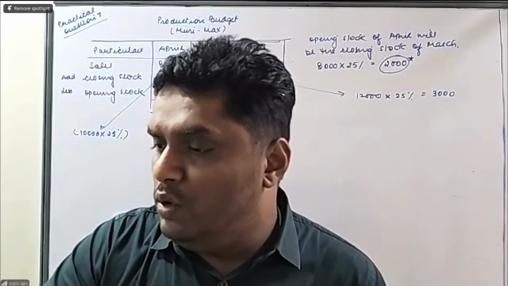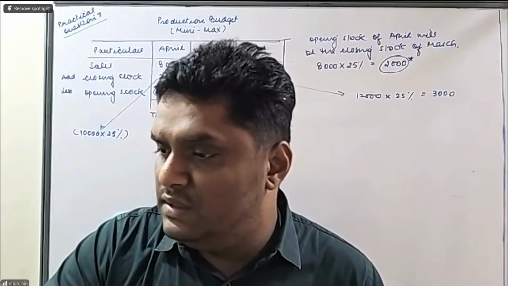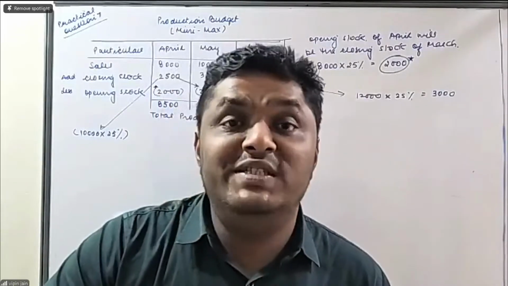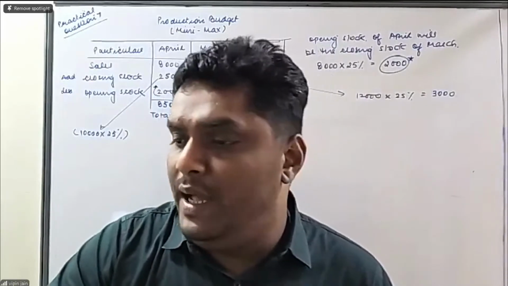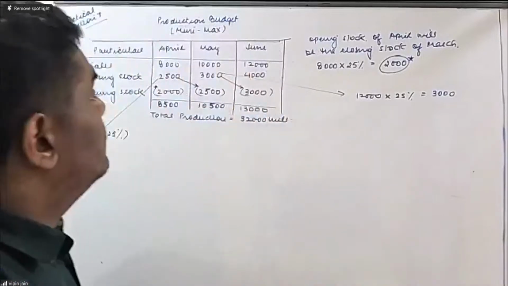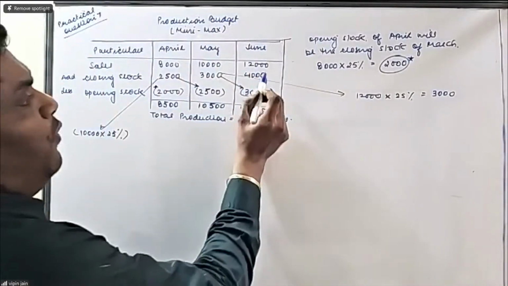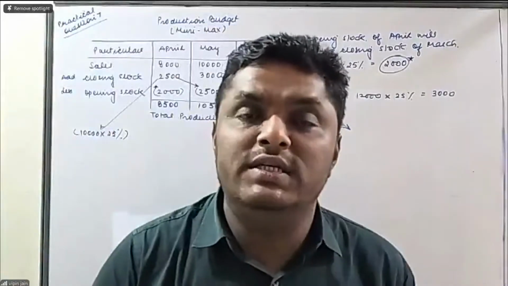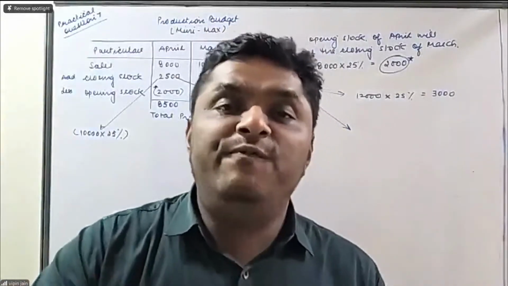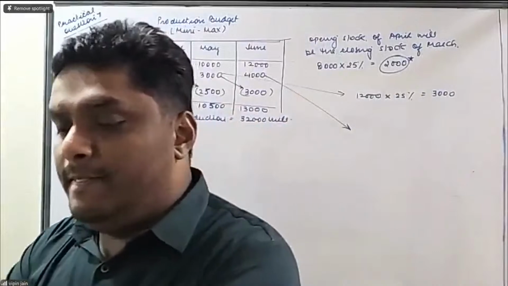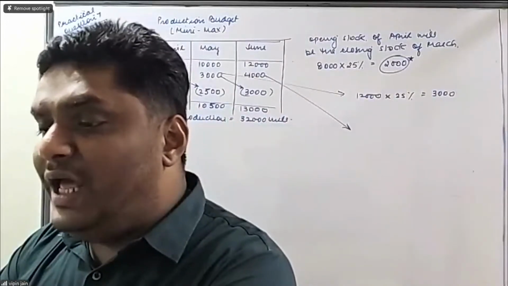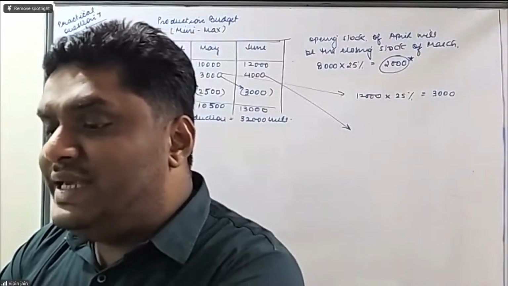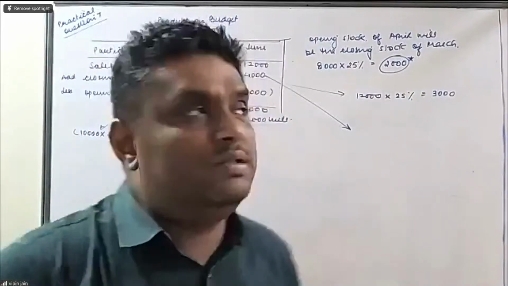No, Wave, how come you got this 24%? I'm surprised. It's 25% of the sales of the subsequent month. Again, 4,000. See, for June, how do we get the closing stock of June? 25% of the July sales. And the sales of July is given in the question, it is 16,000.